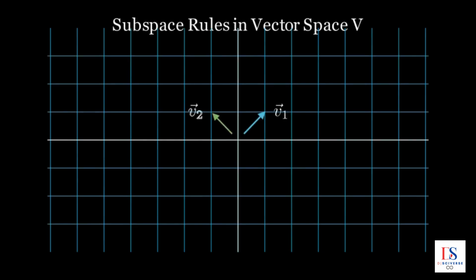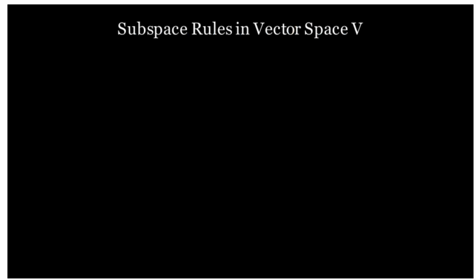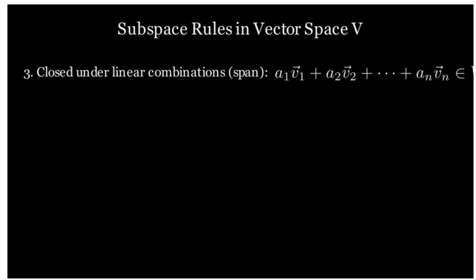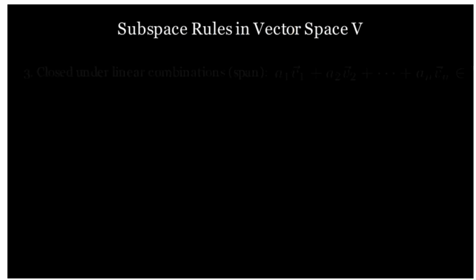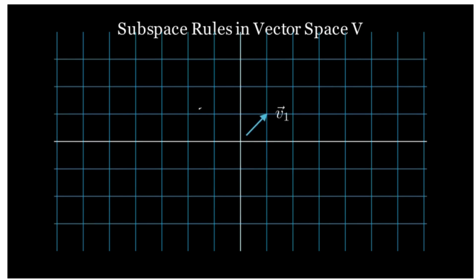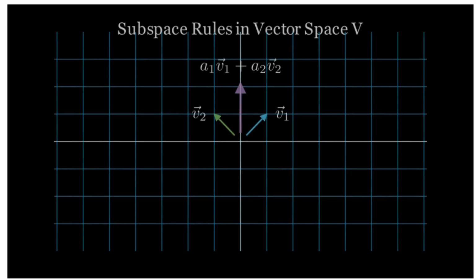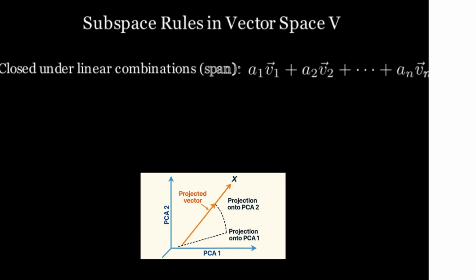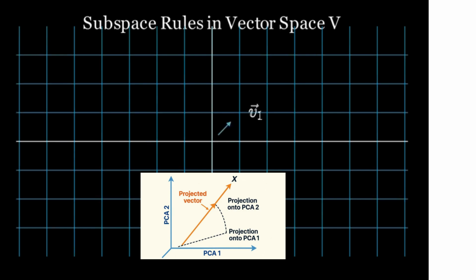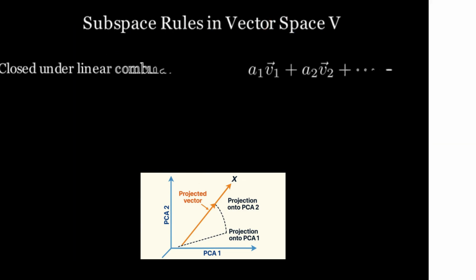Now the third rule is closure under linear combination. Imagine a linear combination as follows: you multiply a vector with a scalar value, and then you multiply another vector with another scalar value, and then you add them all, and the result also lies in the same vector space.